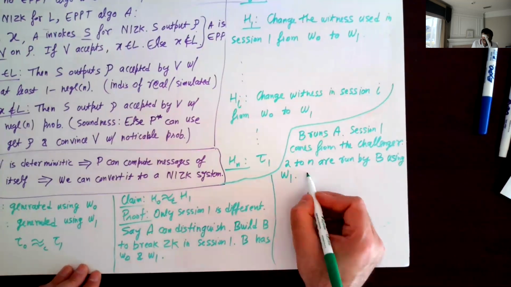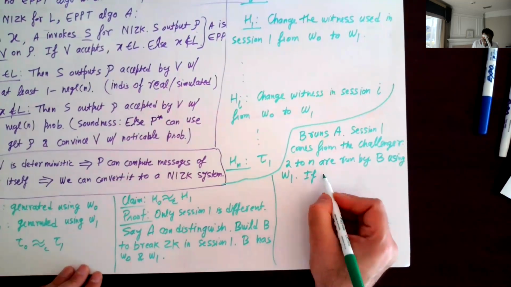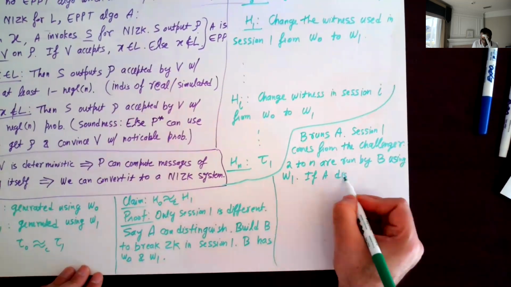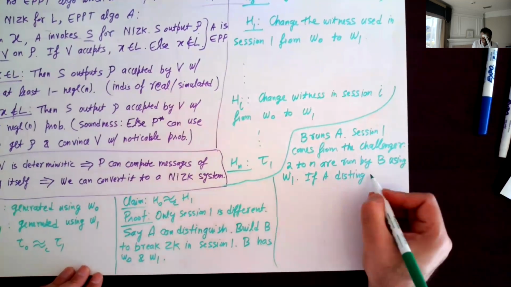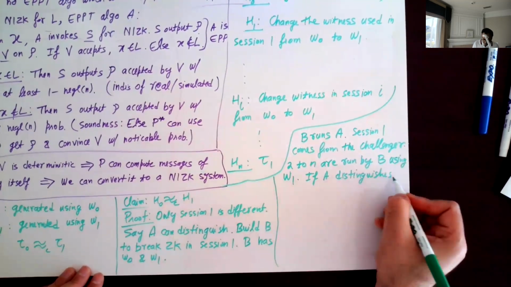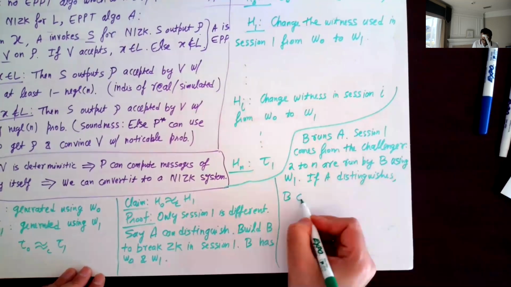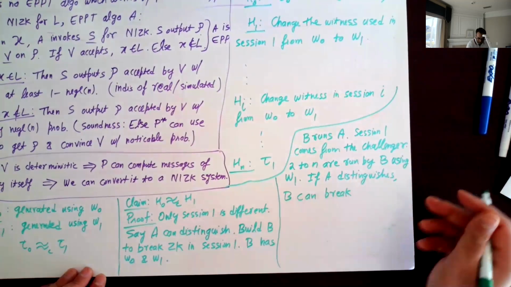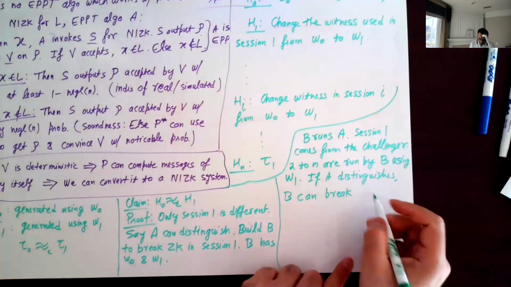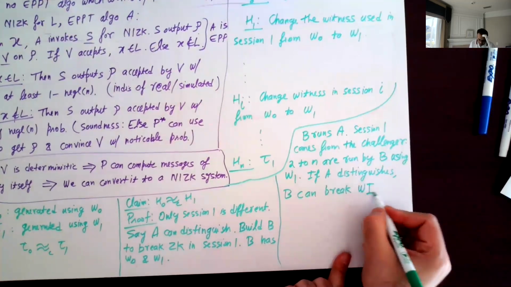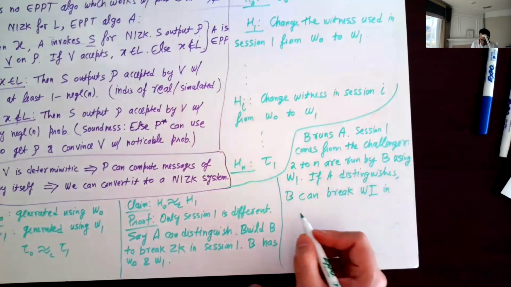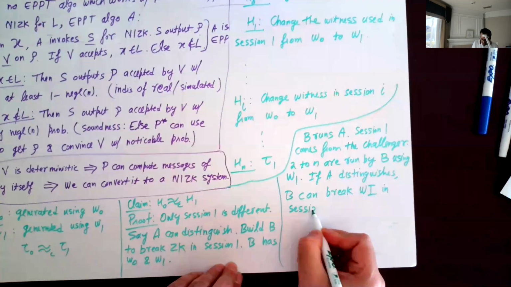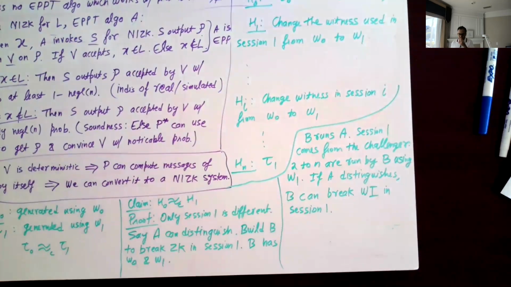And then if A distinguishes, B can break the witness indistinguishability in session 1, which violates the zero knowledge property.